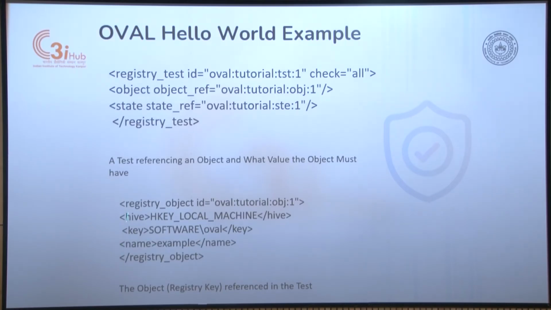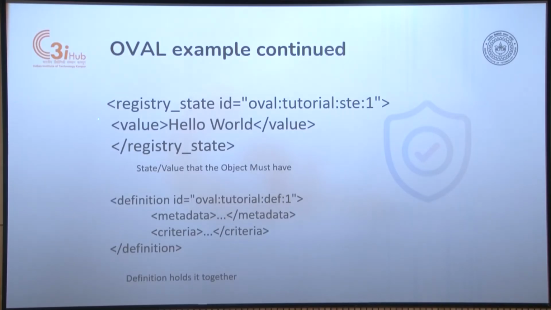A registry object will have the hive, the key and the actual name of the key. That is how the registry key is referenced in a test. Now you have a state. This state is named ST1, and let us say its value is hello world.